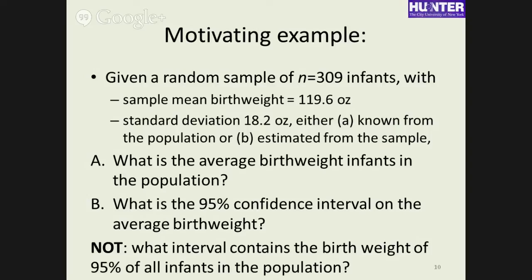And the second part, what is, for example, the 95% confidence interval on that average birth weight? And note the big not here. This is a distinct question from what interval contains the birth weight of 95% of all infants in the population. Can you see the clear difference between question B and the not here?